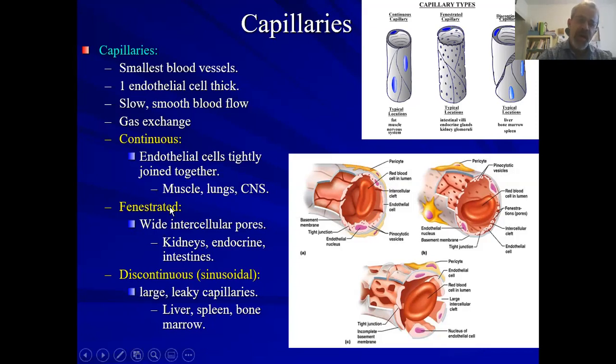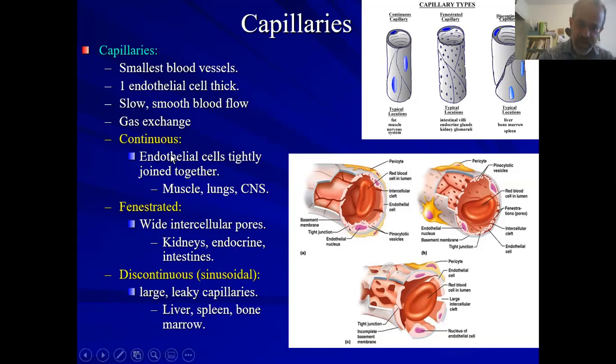We see this type of capillary at the muscle, the lungs, but probably most importantly, the central nervous system, because this is where we have the blood-brain barrier, where we're protecting the brain against the influx of large molecules that might cause a fluctuation in conditions in the brain. So we want to keep things relatively stable. So we're not blocking everything from getting through, but we're really limiting it to really small molecules.